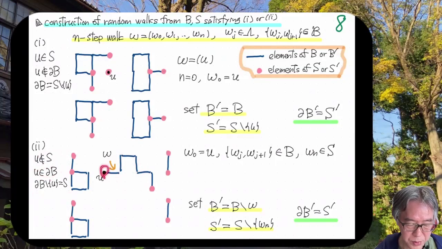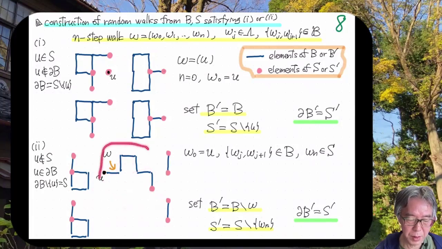U is the edge of this kind of path contained in B, and so you start from U and just follow this thing which is in B, and then you will finally reach a point where it ends. And here you have S. So you naturally pick up a walk that starts from U and ends in one site which belongs to dB.